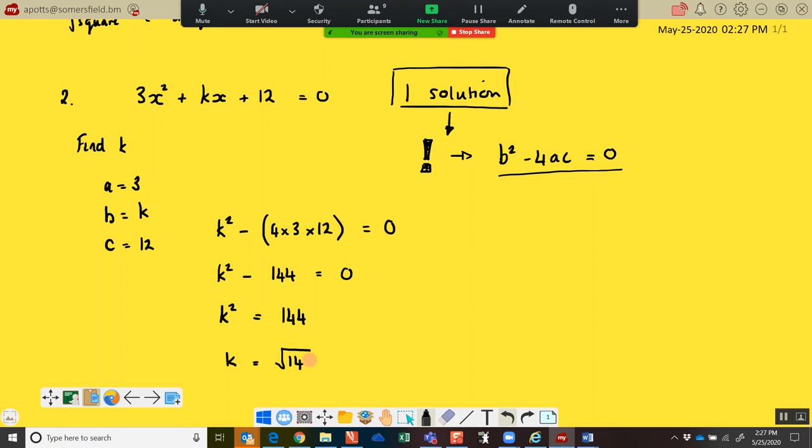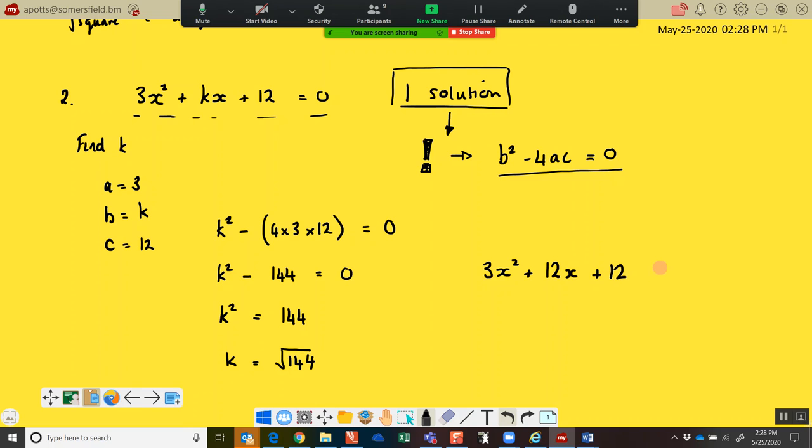So what is the equation then? If I were to complete this equation, I would have 3x squared plus what? Not 12k, 12x. Yeah.